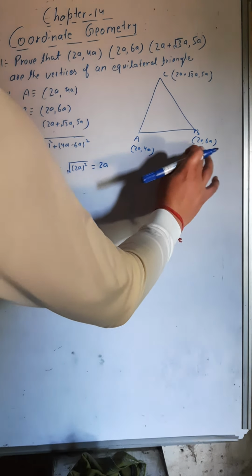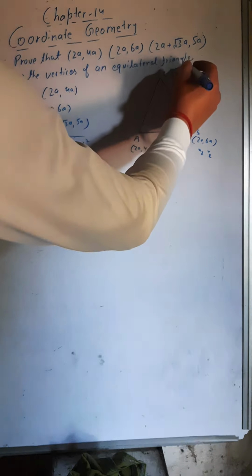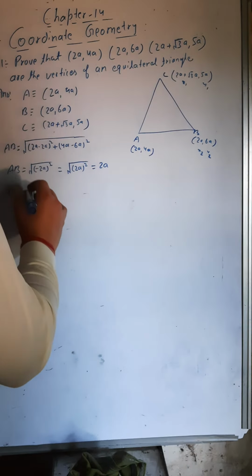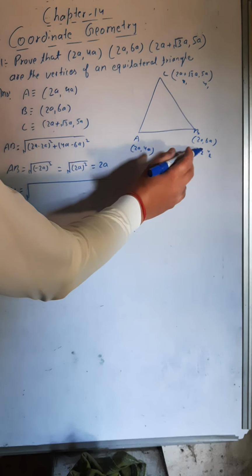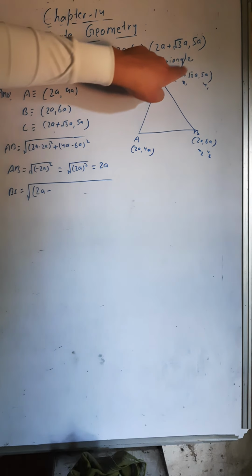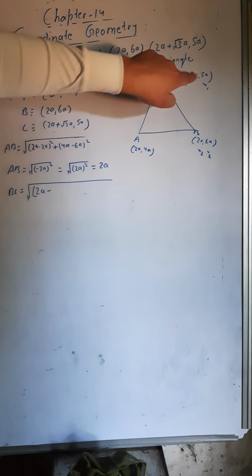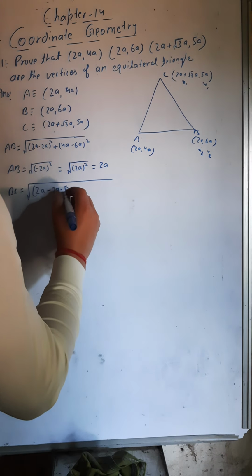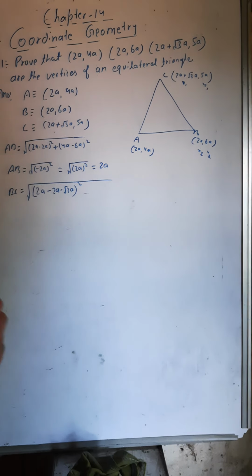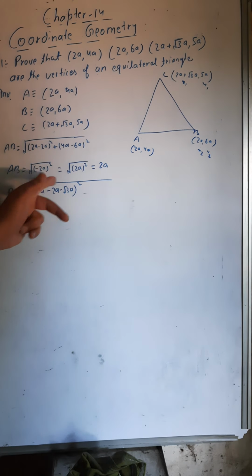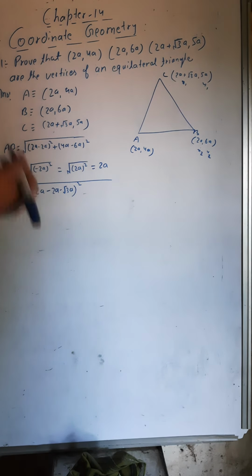So for finding BC, let's say this is x2, y2 and this you take as x1 and y1. So x2 means 2a minus this complete point x1, which is 2a plus √3a. It will become (2a minus 2a minus √3a) square, meaning x2 minus x1. x2 is 2a and x1 is 2a plus √3a. The outside was minus, so both have become minus.